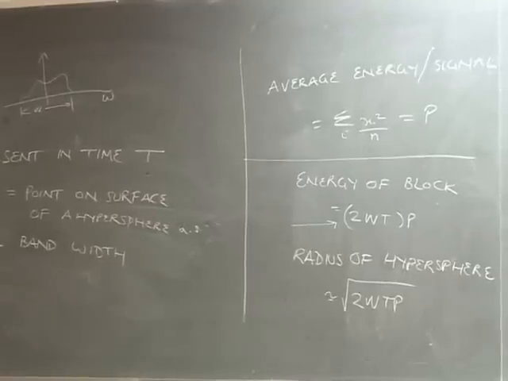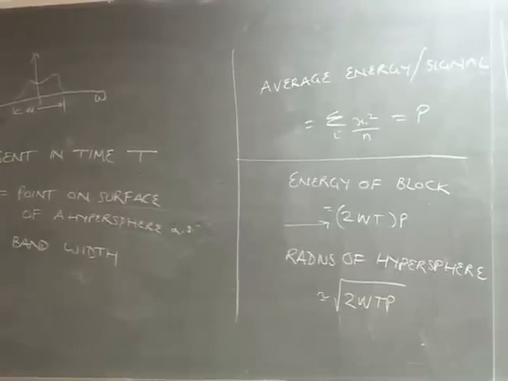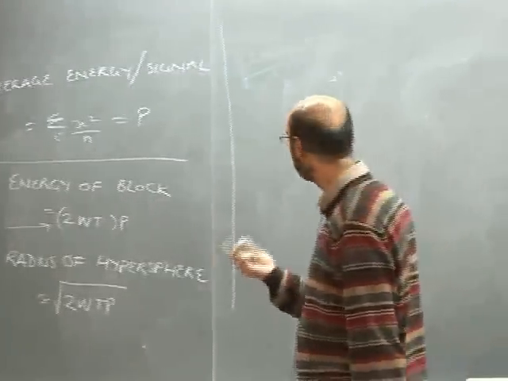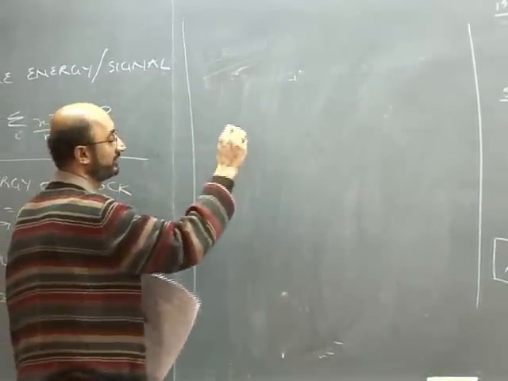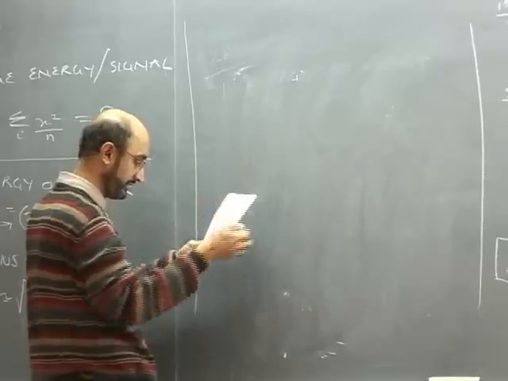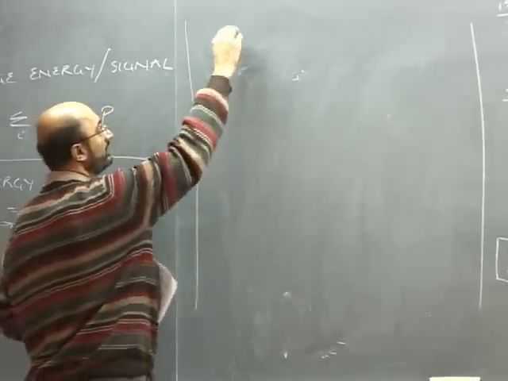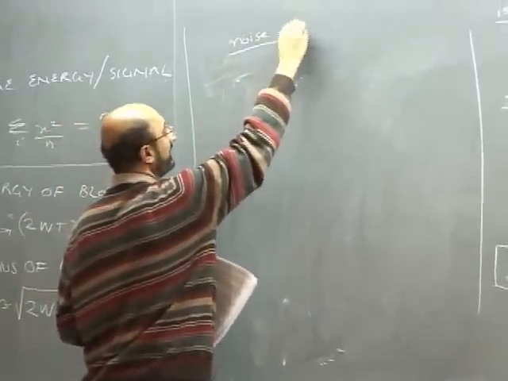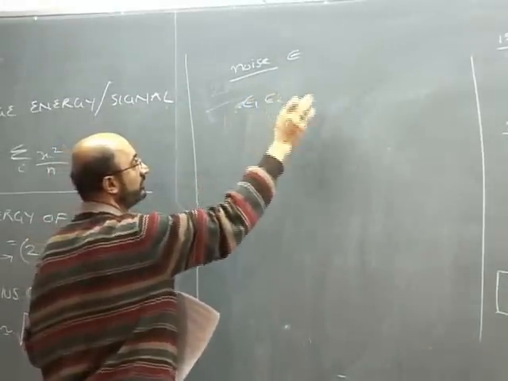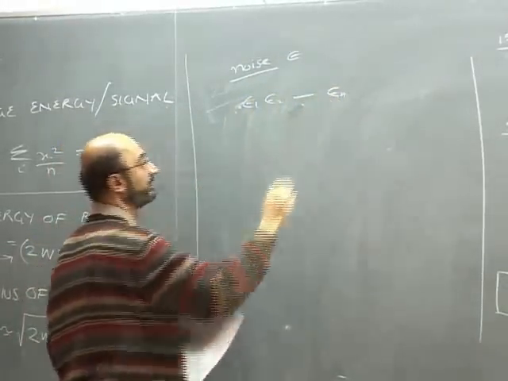Okay, so using the same exact reasoning, if I have a series of noise values, let's call them N1. Sorry, I don't want to call them N. Let's say the noise, I don't want to use N for that. Let me just call it epsilon. So I have epsilon 1, epsilon 2, all the way up to epsilon n.